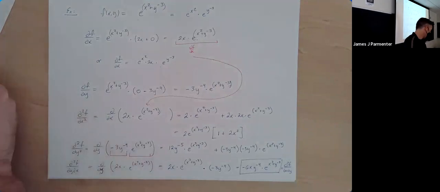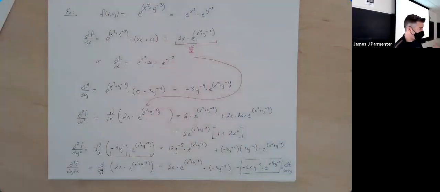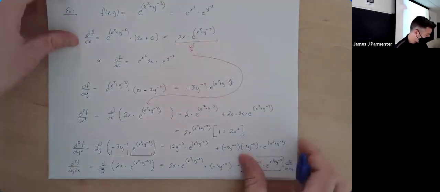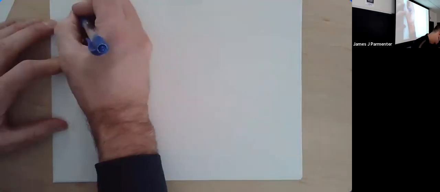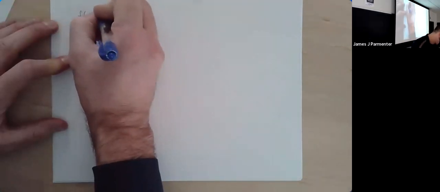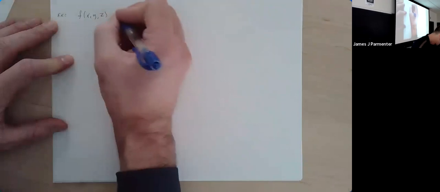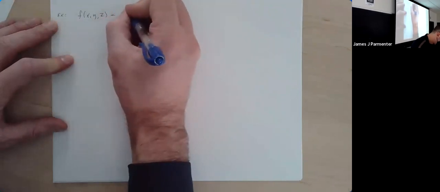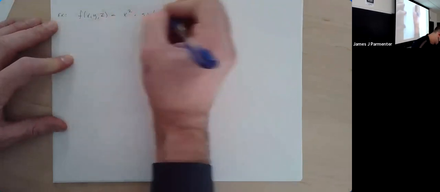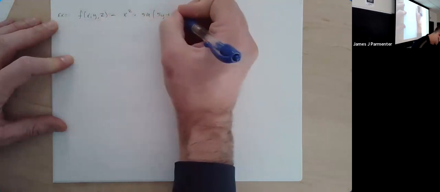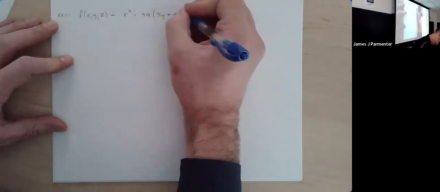So I should point out, you can do this for more variables, right? You could totally have a function of not just two variables. For example, you could have something like f of x comma y comma z equal to x squared times sine of 5y plus 4z cubed.